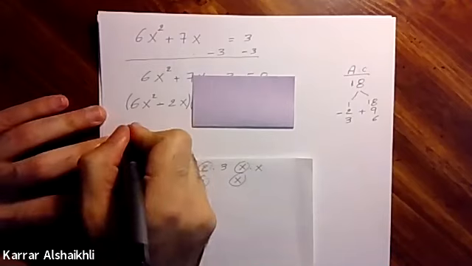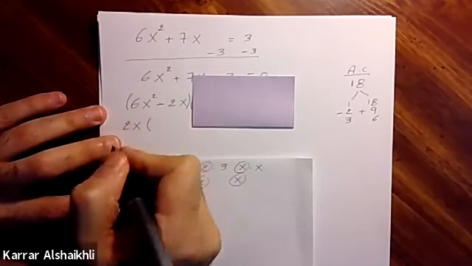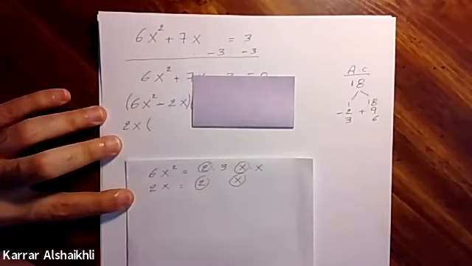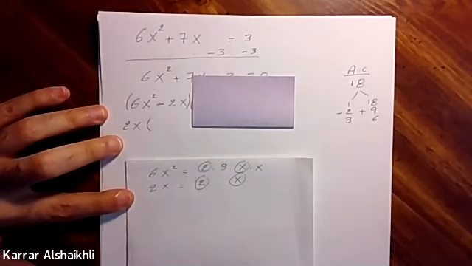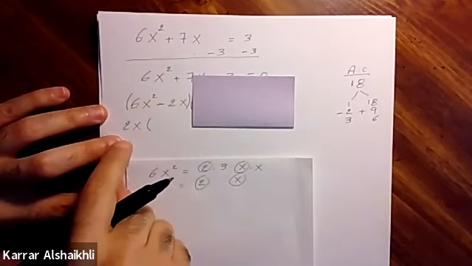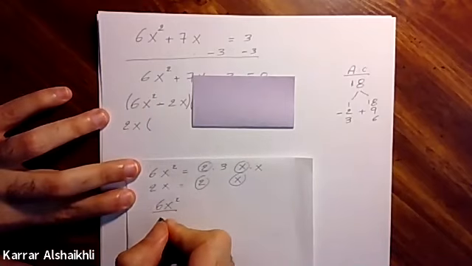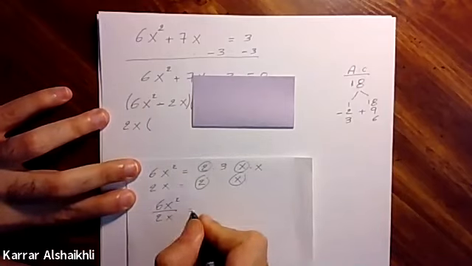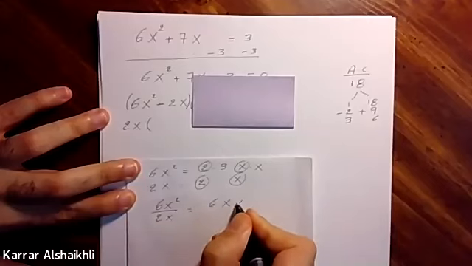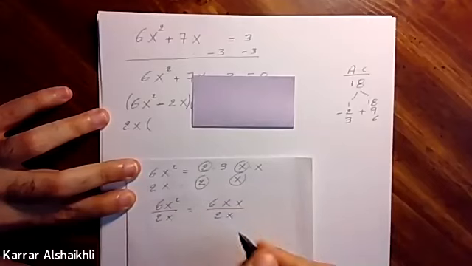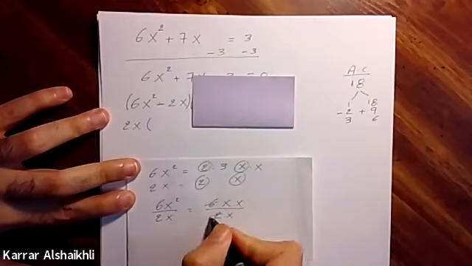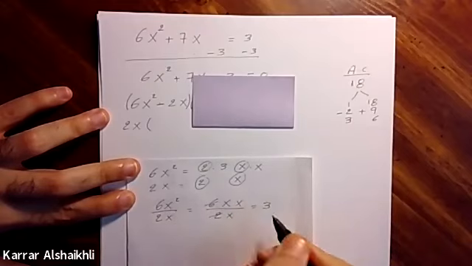So I'm going to write down 2x and open parentheses. Now we have to divide. 6x squared divided by 2x. That means 6 times x divided by 2x. 6 divided by 2 is going to be 3.